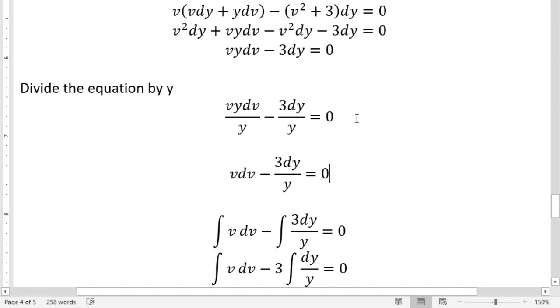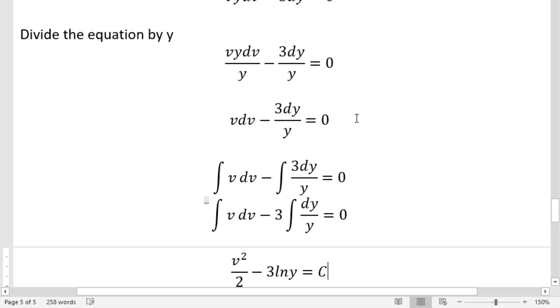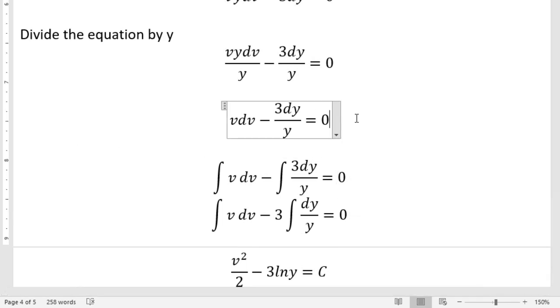Kaya nagdi-divide tayo ng equation by y. So, if you divide it by y, magiging v dv minus 3 dy over y is equal to 0. And then, integrate na natin siya.